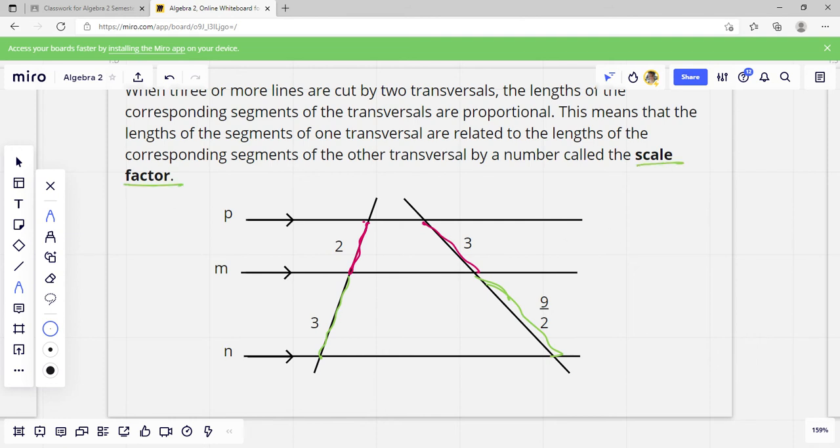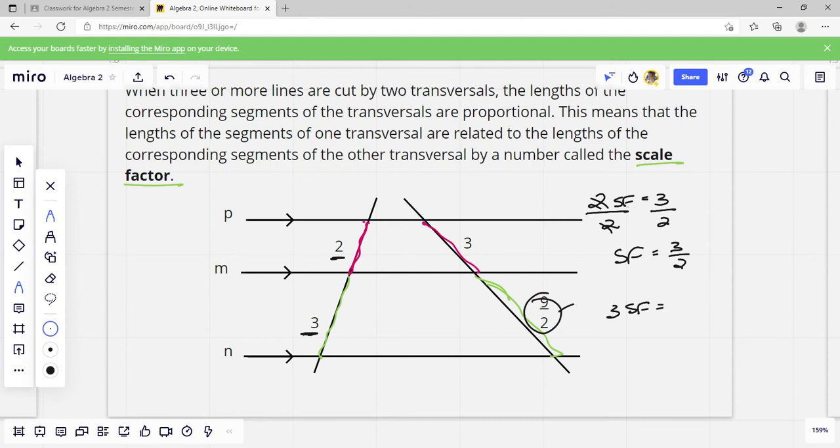This sounds hard, but it's actually super easy. What we're going to do is say 2, from right here, times our scale factor equals 3. Now we just figure out what our scale factor is. We divide like a regular algebra problem, and our scale factor is 3 over 2. Now to figure out this one, we say 3 times our scale factor is going to equal whatever this is.